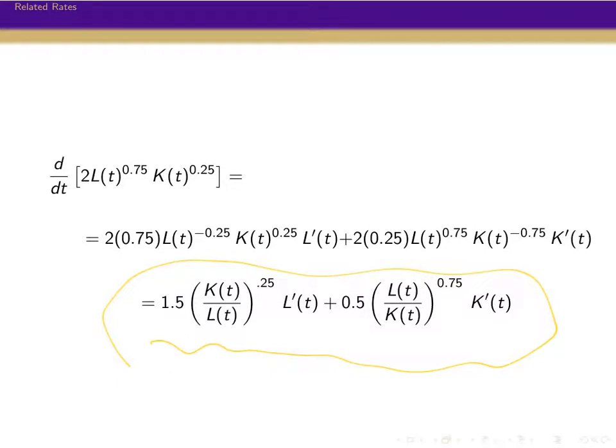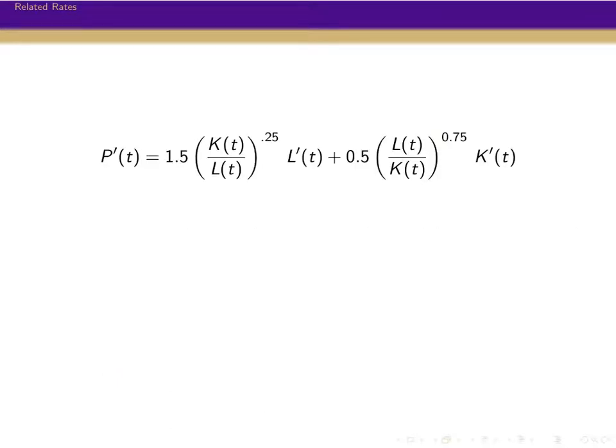Okay. And so if you notice in this derivative, we still have the labor function, the capital function, and the derivative of labor and the derivative of capital are all in there at once. Okay. So putting together the left-hand side and the right-hand side from what we had before, we have taken the derivative of our formula.